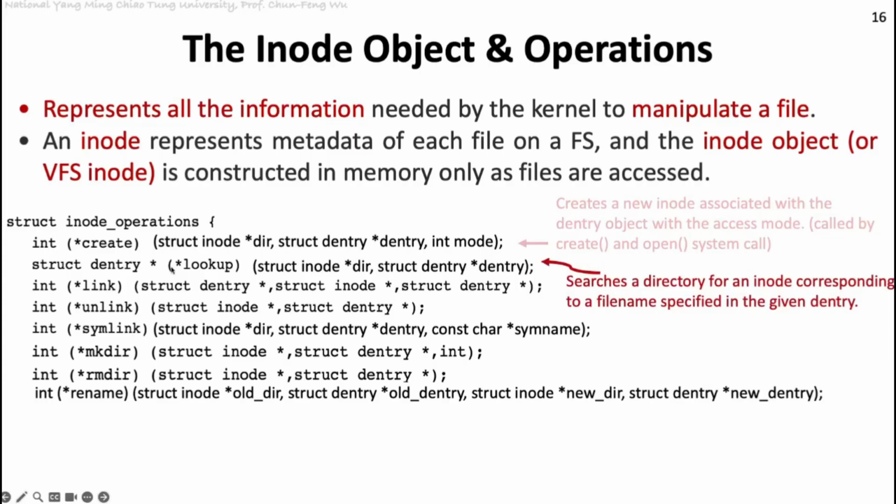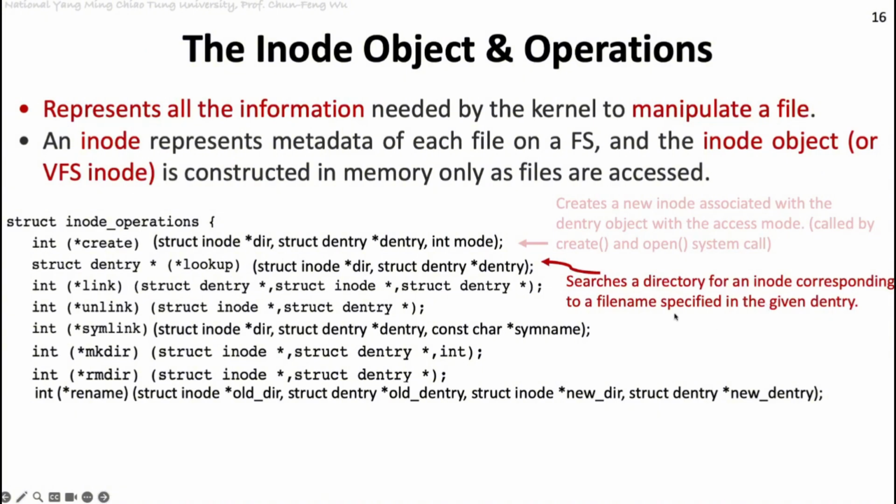And here is lookup. Lookup is quite important. We'll give a brief example of how lookup affects file lookup. Lookup is about looking up a certain file in the file directory tree. We search a directory for an inode corresponding to a file name specified in the given dentry.